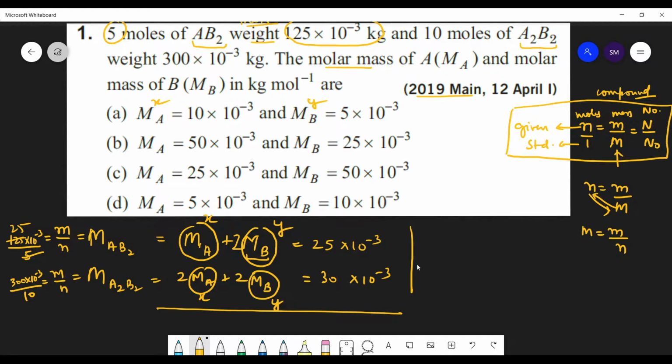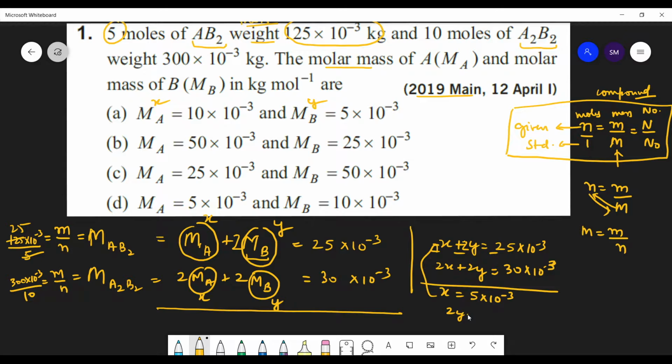Okay, students. So it was quite simple. x plus y equals 25 into 10 to the power minus 3, and x plus 2y, sorry, equals 30 into 10 to the power minus 3. So subtract this one, and you get x equals 5 into 10 to the power minus 3. Put this value of x over here.